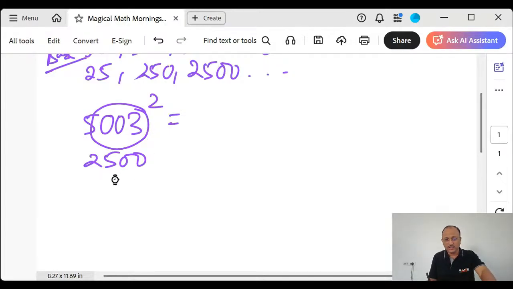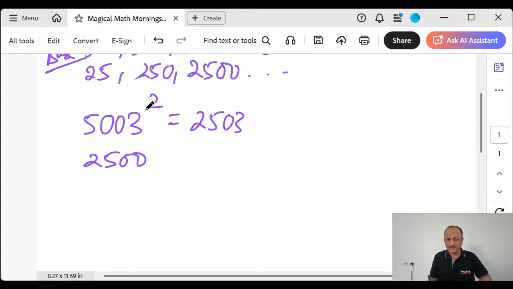It's only 3. So what do we do? 2503 we'll write. And this remaining number square, that is 3 square is 9. Since it is having 4 digits, what are we going to do? Remaining 3 places, I'm going to fill 0 and write 9. 2503 0009.